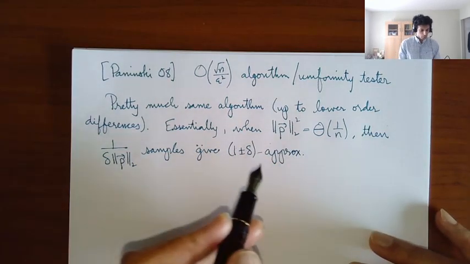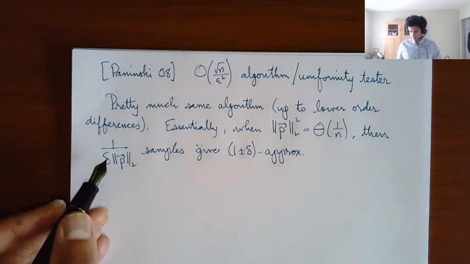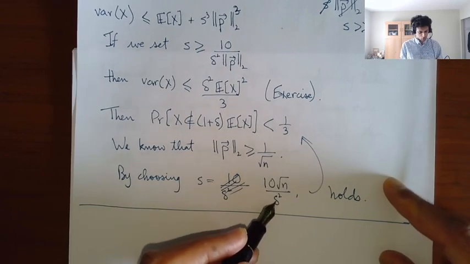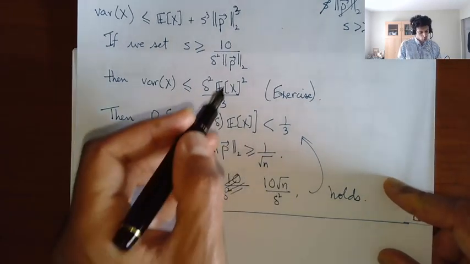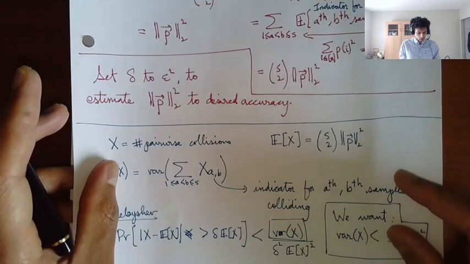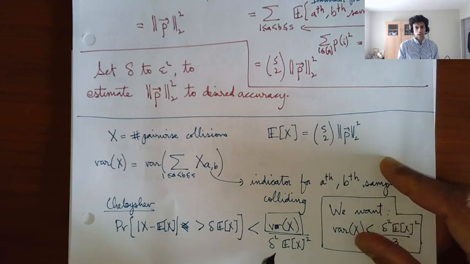Right, so what we proved is that to get a 1 plus minus delta approximation, we had a delta squared. And if you trace it back and ask where the square came from, the square came from Chebyshev.